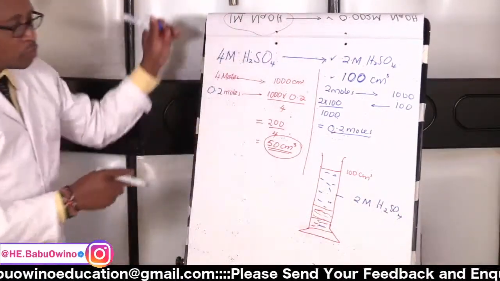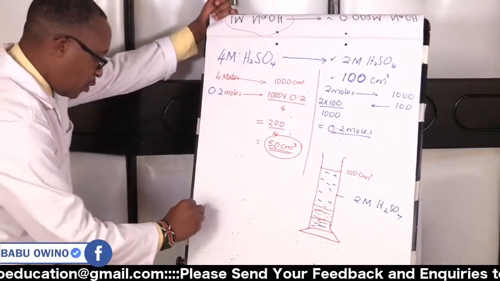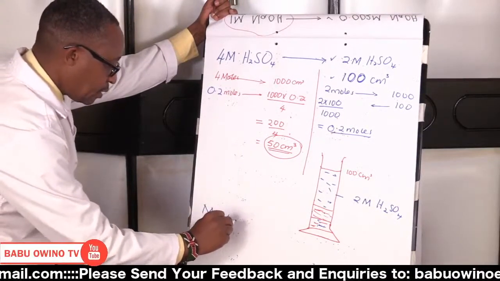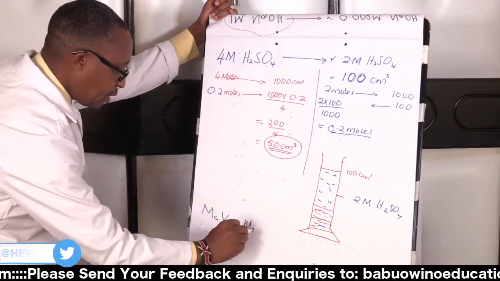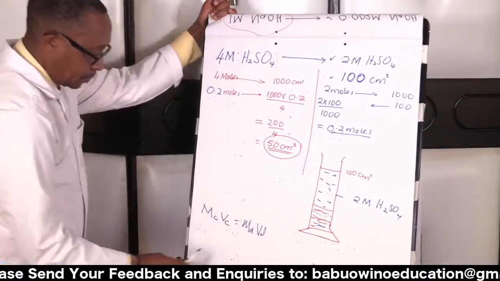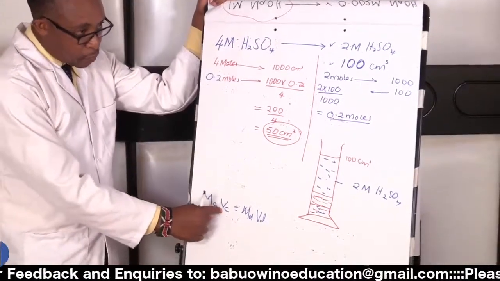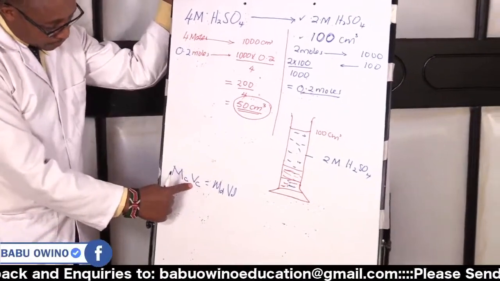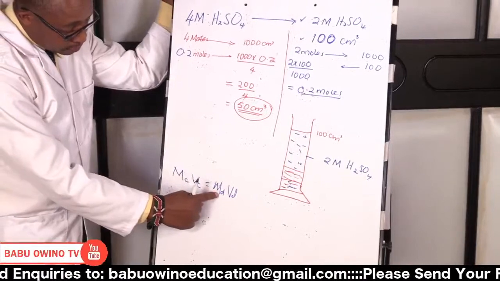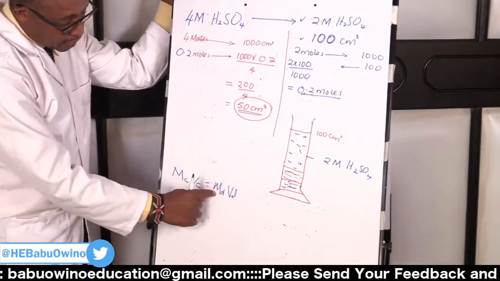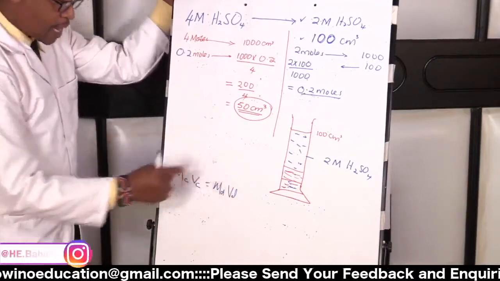Is that true if we use the formula? The formula says MC VC must be equal to MD VD. Molarity of the concentrated solution times the volume of the concentrated solution would give us the same value as the product of the molarity of the dilute solution and its volume.